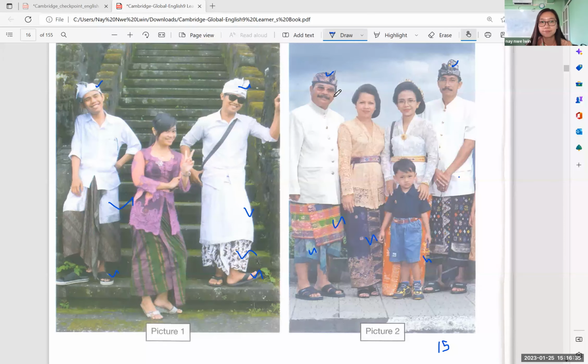Yes, correct, Susie. Okay, correct. You're just expressing more detail, but it's in detail, right? Yes, correct.